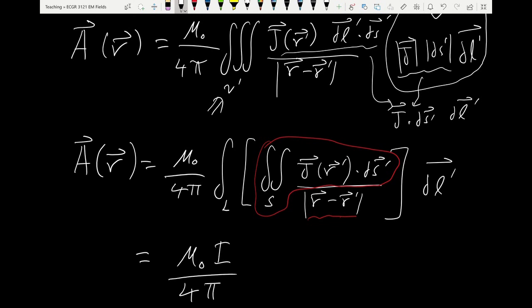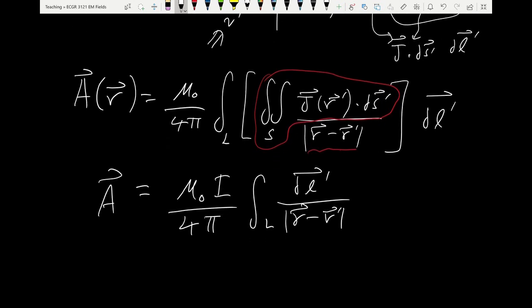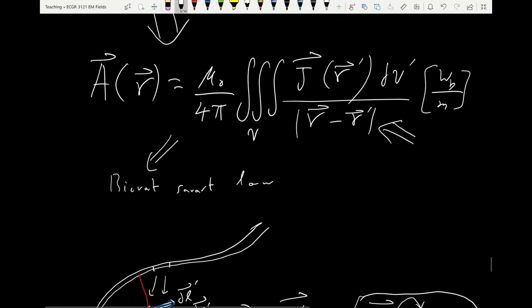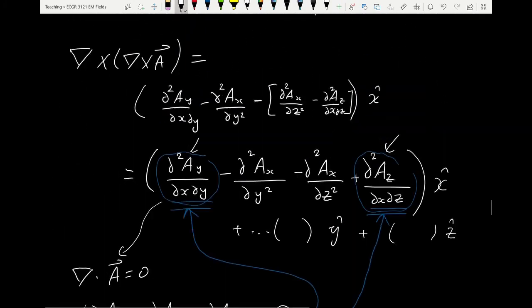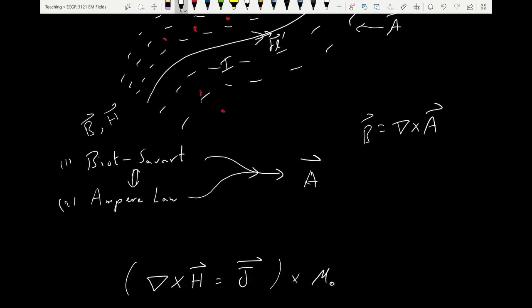over 4 pi, line integral of dl prime over the magnitude of r minus r prime. This is exactly the expression for A that we got starting from the Biot-Savart law for a current filament. So we have shown that if I start from the Biot-Savart law for a current filament, I get an expression for A. If I start with Ampere's law in general, I also get an expression for A for a current density.